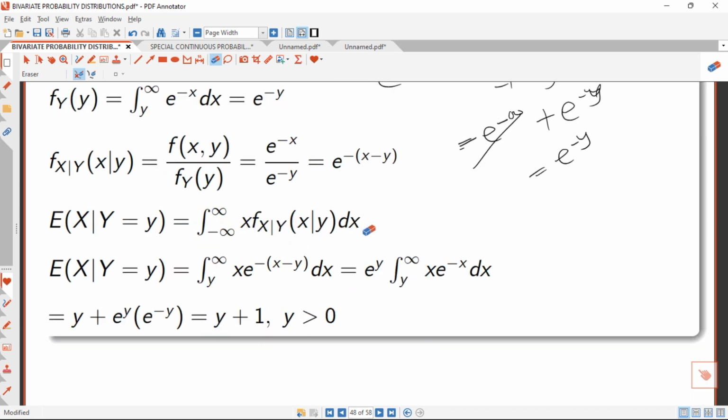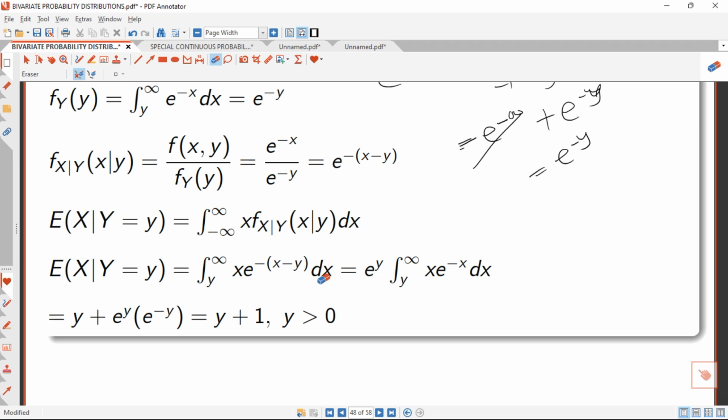Okay, and then the conditional expectation of x given y will be equal to, as I already explained, we multiply x by the conditional probability. The conditional probability was given as e raised to the power negative x minus y, of which we will get x times e raised to the power negative bracket open x minus y dx.